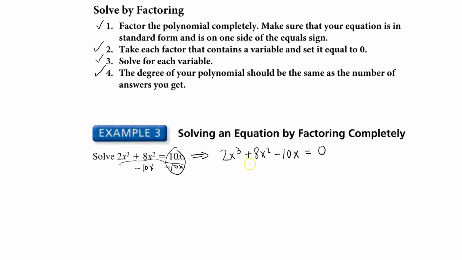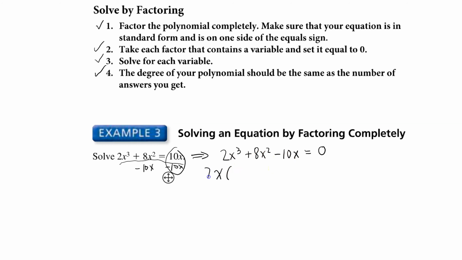So now we want to factor this completely. The first thing I do is look at this and it has an x that I can take out. I can also take out a 2 because 2, 8, and 10 are all even.